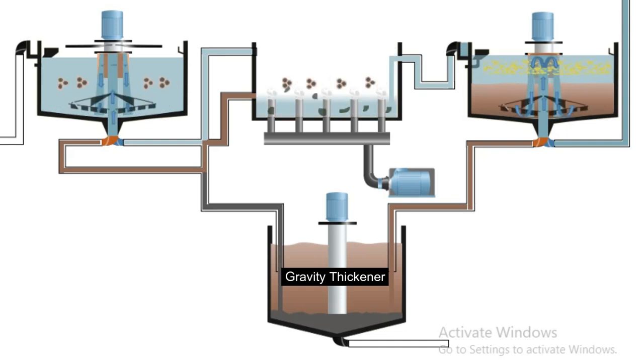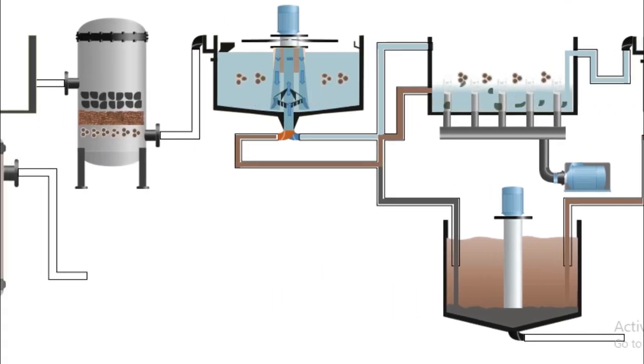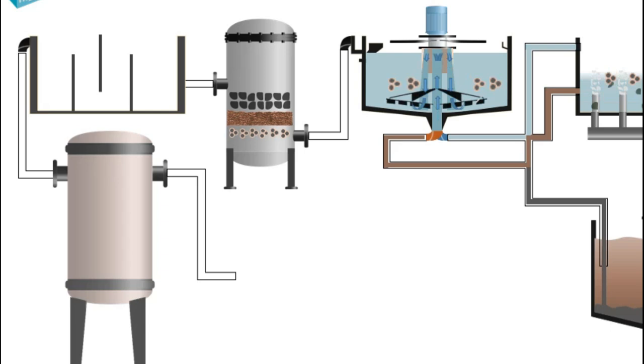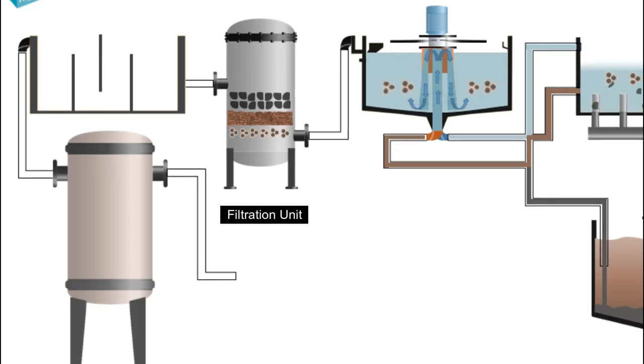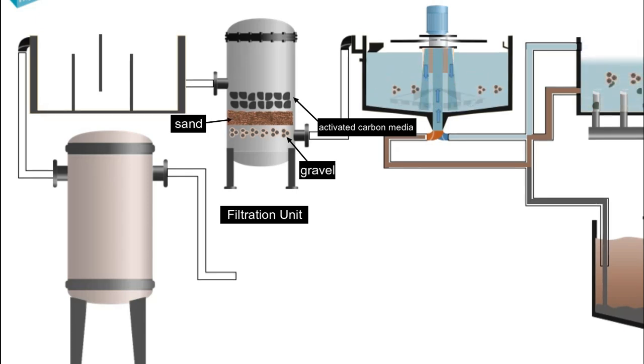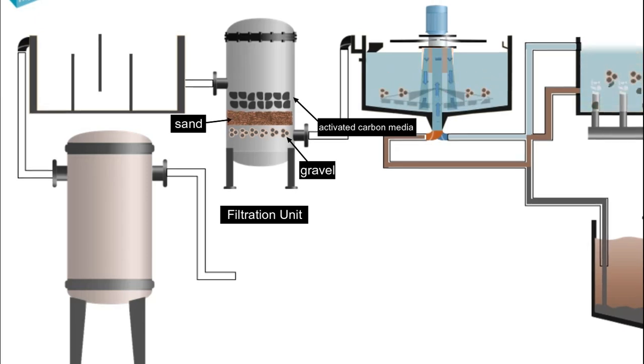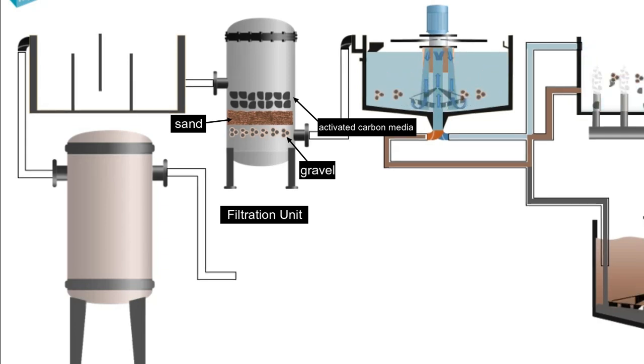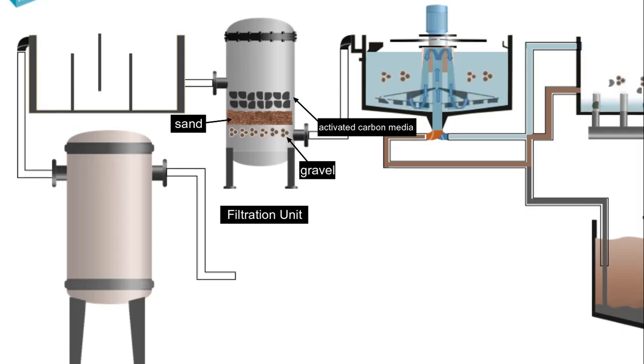After biological treatment, the effluent then passes through the filtration unit, which serves as the final polishing step. The water flows through layers of sand, gravel, and activated carbon media that remove remaining suspended solids, turbidity, color, and odor of effluent water.